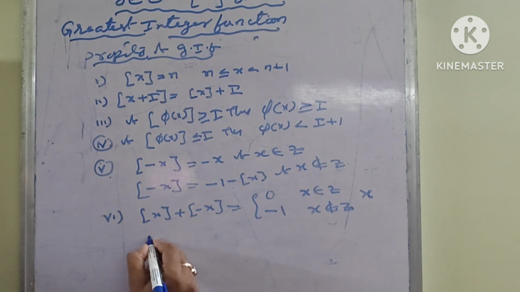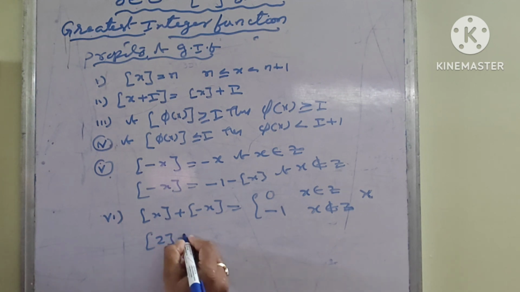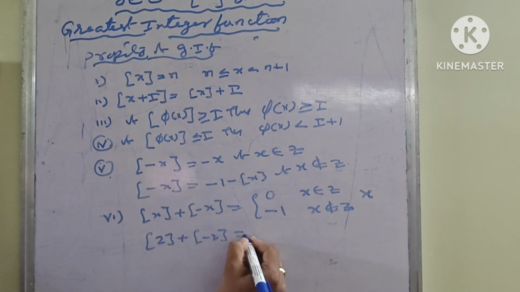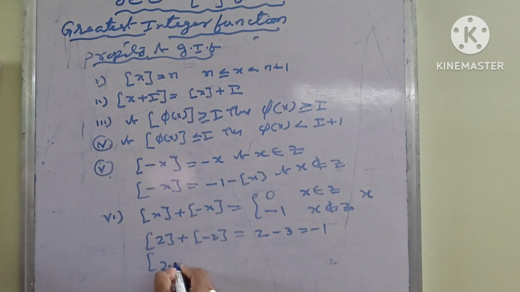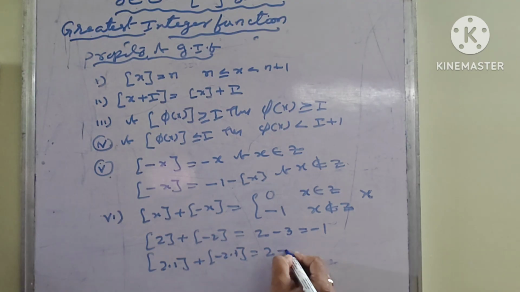Now one example: the integral part of 2 plus the integral part of minus 2. The integral part of 2 is 2, and of minus 2 is minus 3, so that is minus 1. One more example: the integral part of 2.1 plus the integral part of minus 2.1. The integral part of 2.1 is 2 and of minus 2.1 is minus 3, that is also minus 1.